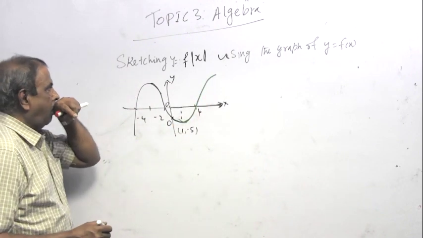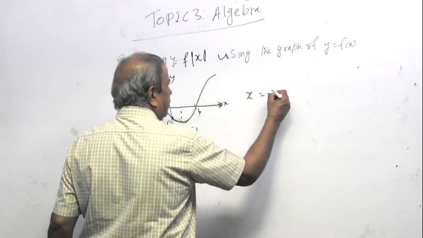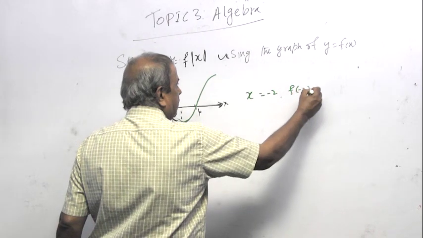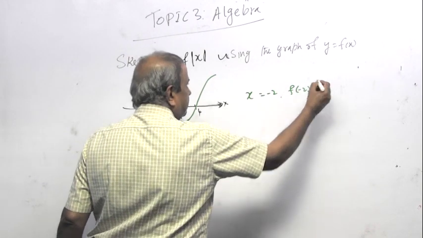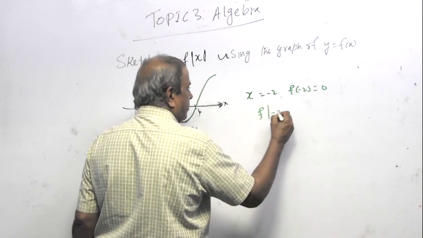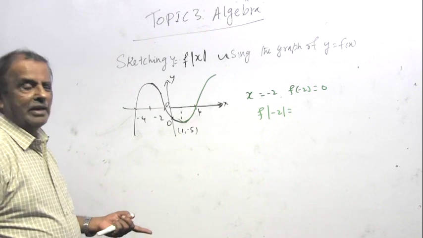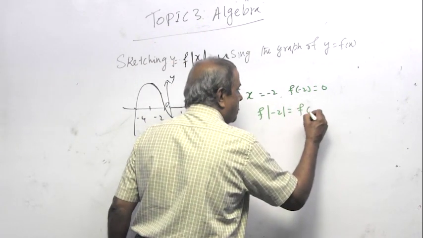Whereas, suppose you put, for example, when x is minus 2, f of minus 2 is 0. What is f of modulus minus 2? F of modulus minus 2 is f of 2.